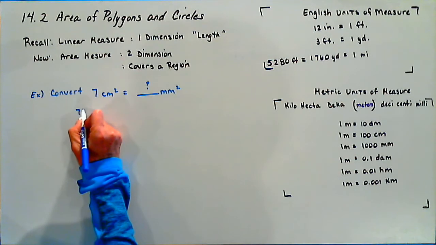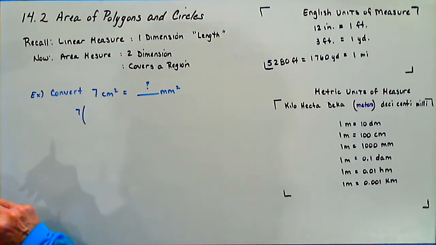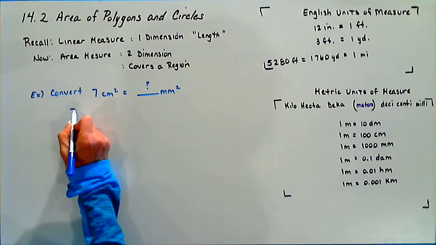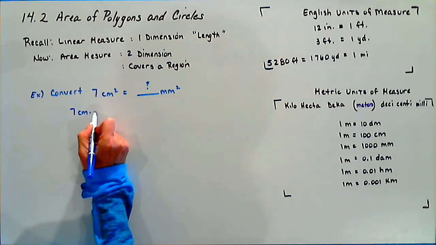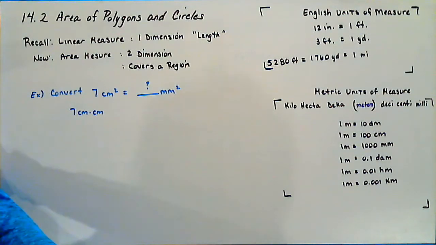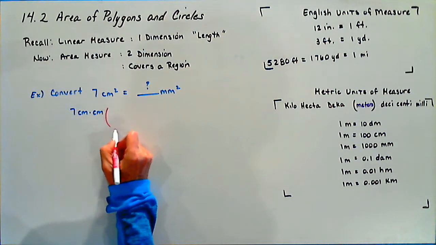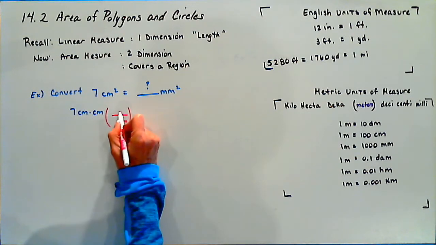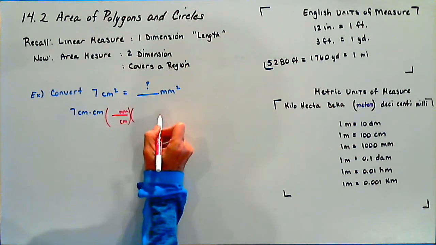So if I start with the 7, whoops, I forgot the centimeters. If I start with 7 centimeters, and centimeters squared means centimeters times centimeters, and this time I'm changing it to millimeters. So I'm going to reduce my centimeters, but I need to know how many millimeters.